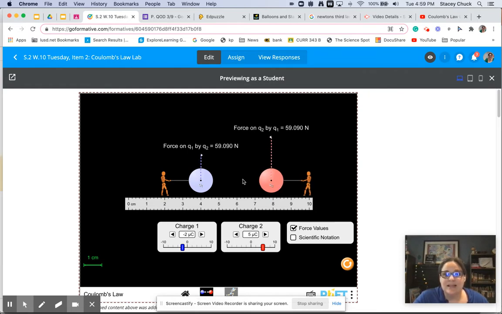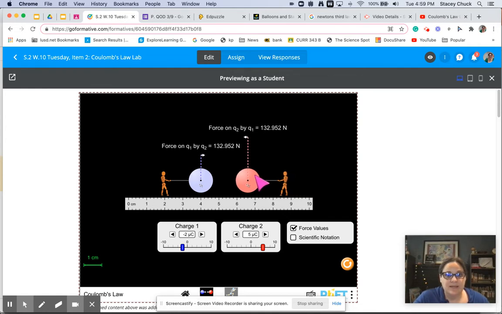So this illustrates an inverse relationship. If I increase the amount of distance, I decrease the amount of force. So the opposite should also be true. If I decrease the distance between, I should increase the force. And let's take a look. Yes, indeed, that's exactly what happens.